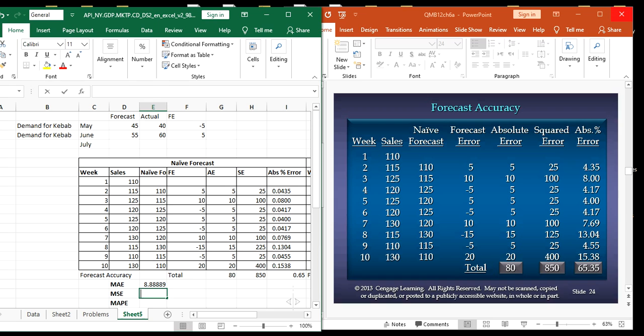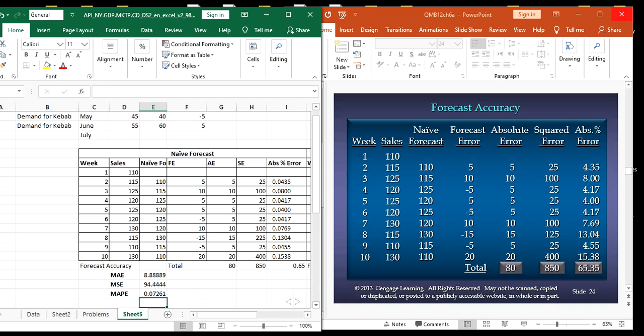Also we have the mean of squared errors. We divide this by 9. Also we have the mean of absolute percentage errors. We divide the sum of the absolute percentage errors by 9. So that's how we calculate these tables.